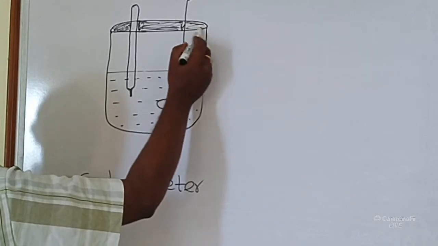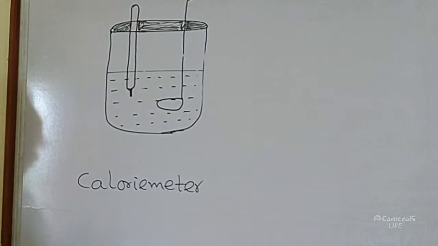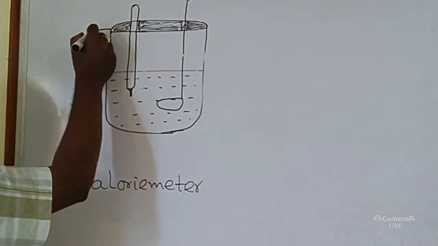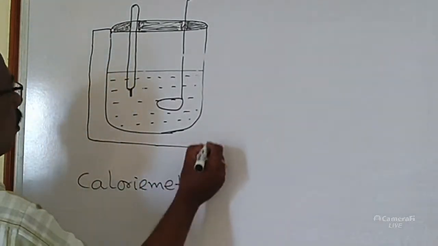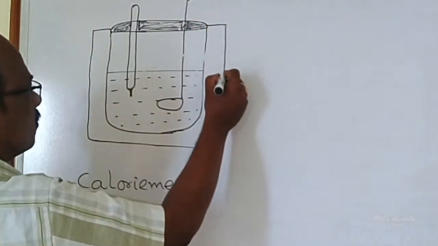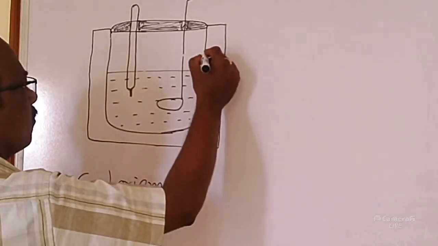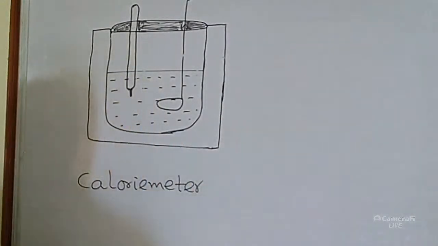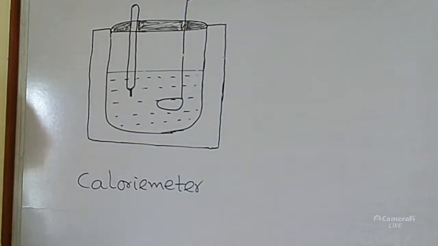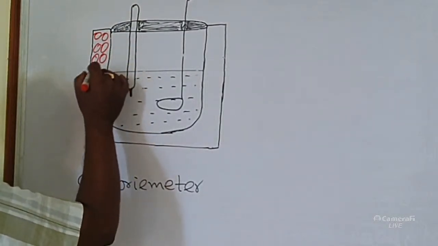So first of all, you can take ordinary water into this one. So this one will be arranged in a wooden box. What is this one, Anna? Wooden box. So here you can fill with non-conducting material.